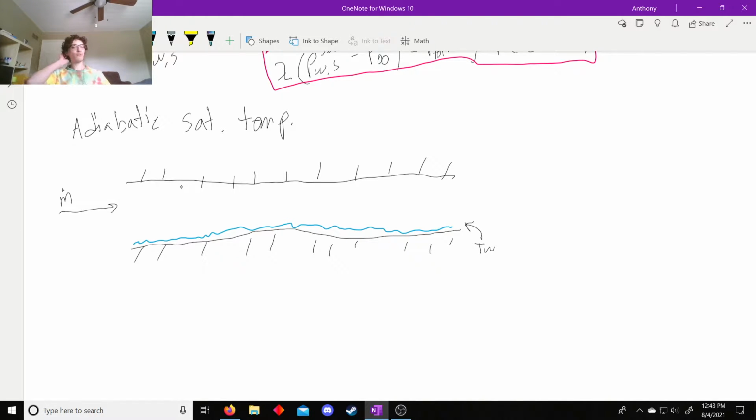But if we were actually to run this experiment in real life, we would control the temperature of the water, because we would have to be continuously adding water to the pipe, because as it gets evaporated, eventually the pipe would run dry. And what we would do is measure the air that's coming out of the pipe here.